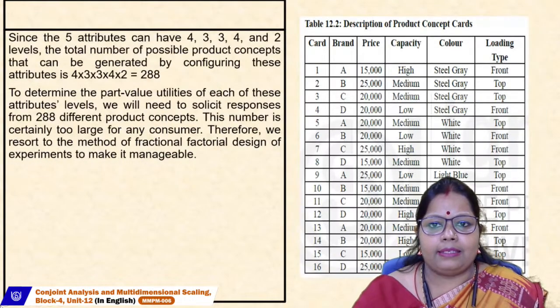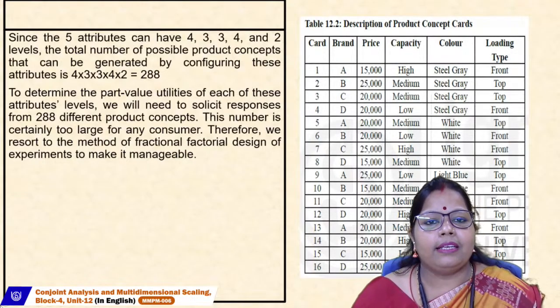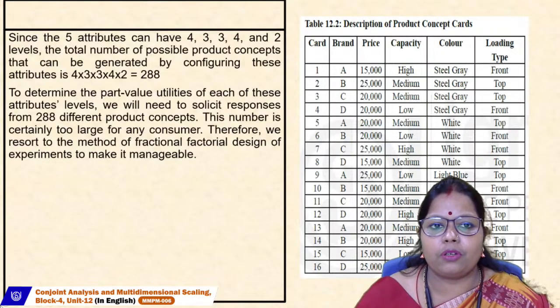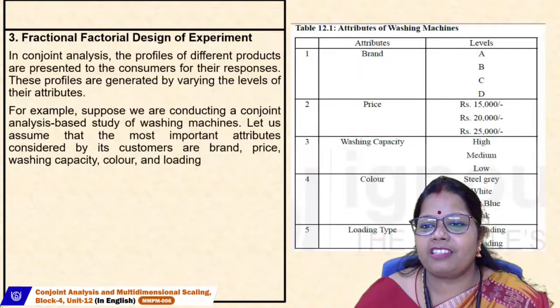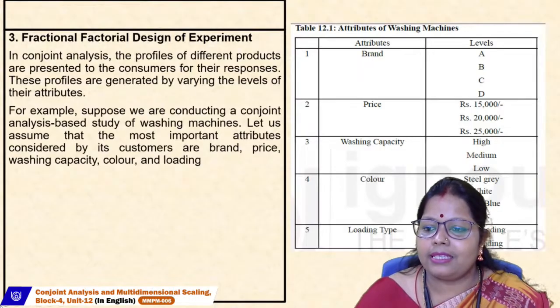So coming to that 12.2 table, as we have a calculation on the left hand side of the slide, as all of you remember, first we have four levels, second price has three levels, washing capacity three, then four, then two.